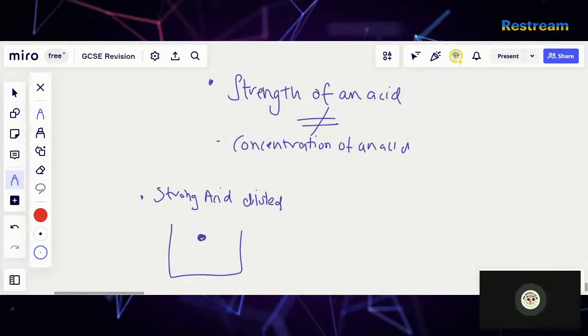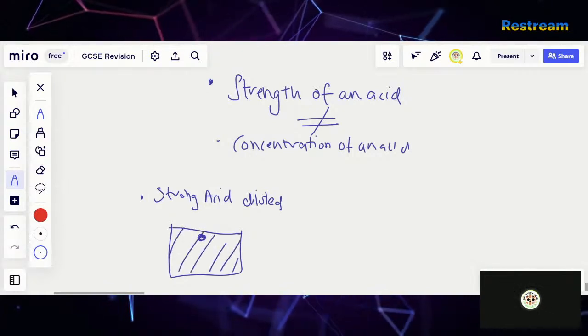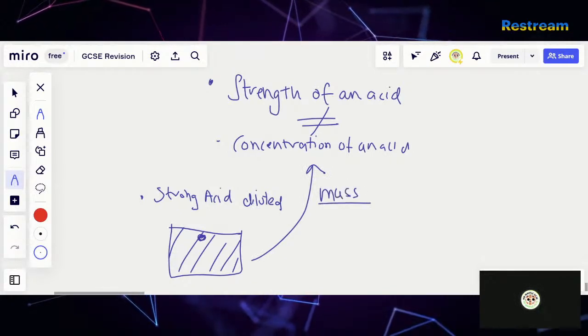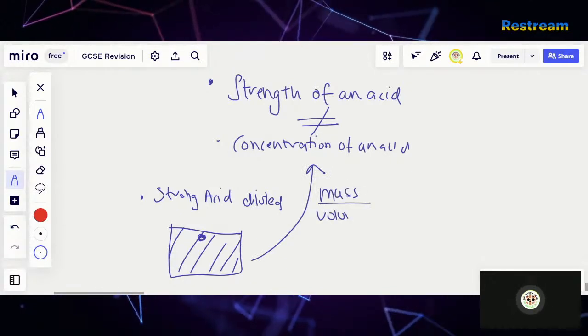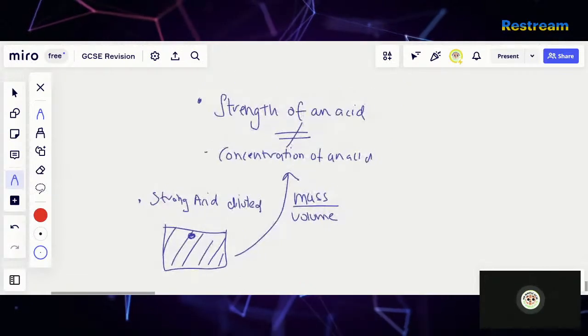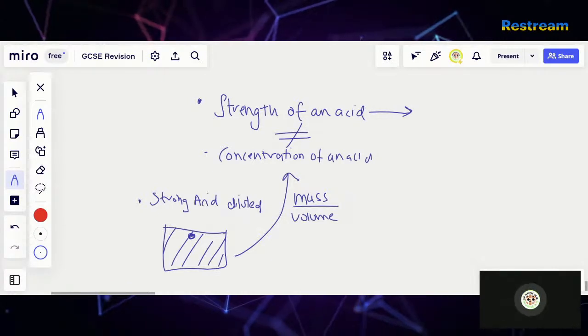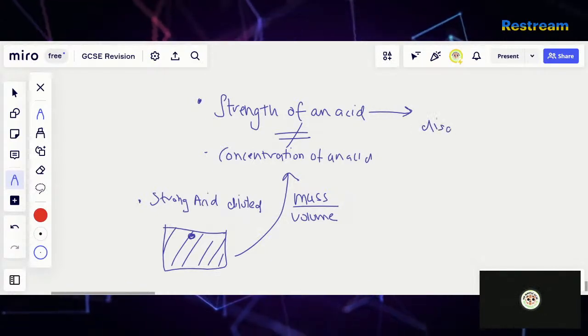So this is the amount of acid and this is the water. This talks about concentration: the mass of something, which is the acid, over the volume it's put in. That's what concentration is. And the strength is how well it ionizes and whether it fully dissociates.